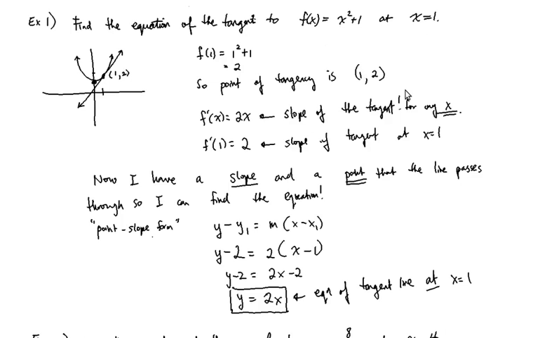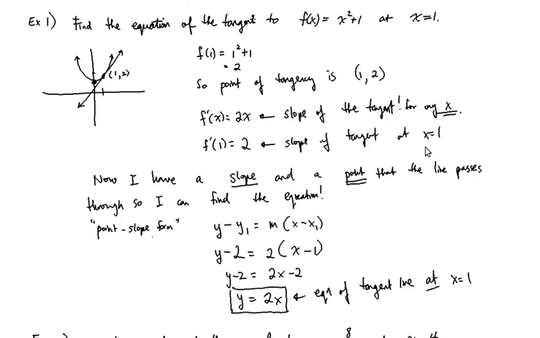You should know from our previous work in chapter 18 that the slope of the tangent line is the same as the derivative of my original function at the given point. So at x equals 1, f prime of 1 is the slope of the tangent at x equals 1.